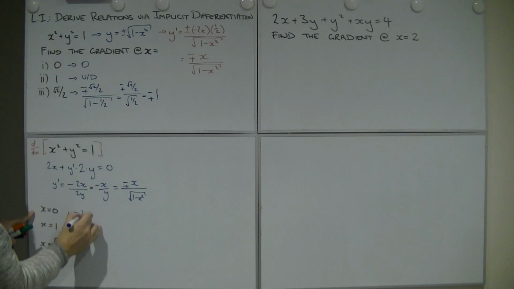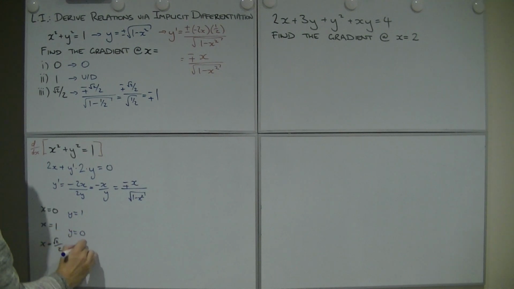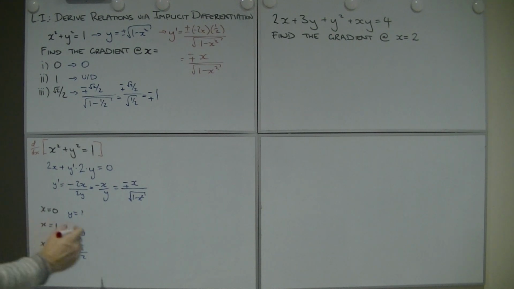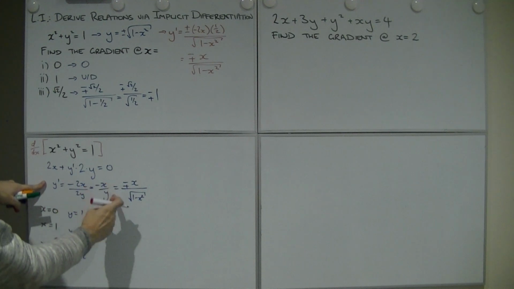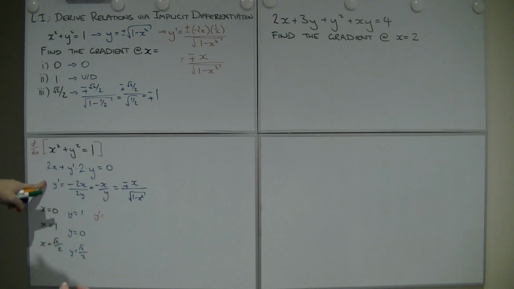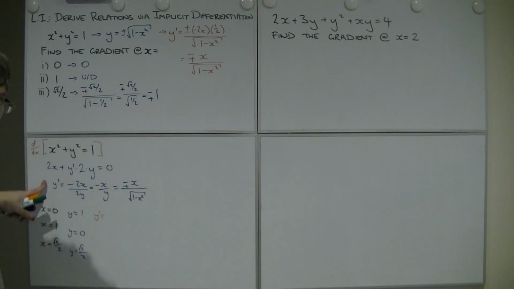Cool, so y would have to be 1, y would have to be 0, y would have to be root 2 on 2. Great. Y prime. Well, I've got an expression for y prime using just x and y. So this is where we start to save a whole lot of time. We don't have to deal with all these square roots, and particularly roots under roots and just getting all that garbage. We can just sidestep it entirely.